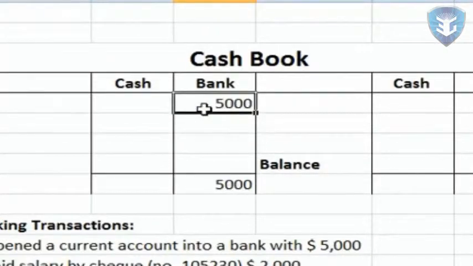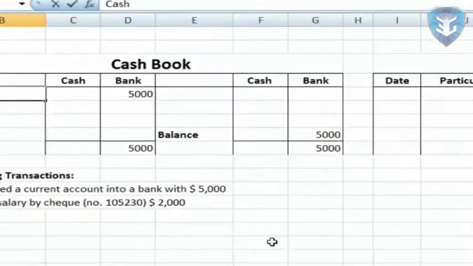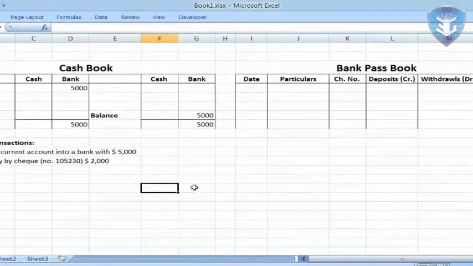So that's why on the debit side of the cash book in the bank column first we will write the amount $5,000, and in the column for particulars we will write the name of the credit account, and that is cash. This transaction will also be recorded on the credit side of the cash book in the cash column, but here we are ignoring this. Now let's see how the bank will record this transaction in the passbook.